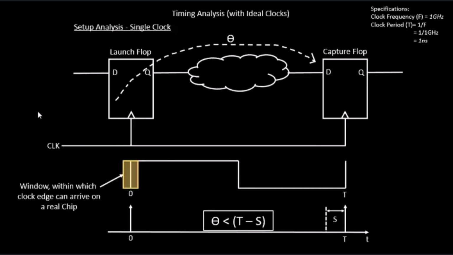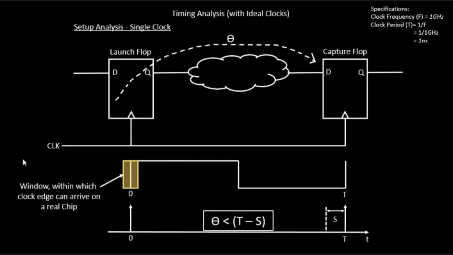It has got some wires, it has got some variations, it has got some positive and negative variations. So that clock source might or might not be able to generate a clock period which provides a clock edge exactly at 0 nanosecond, or exactly at t nanosecond.